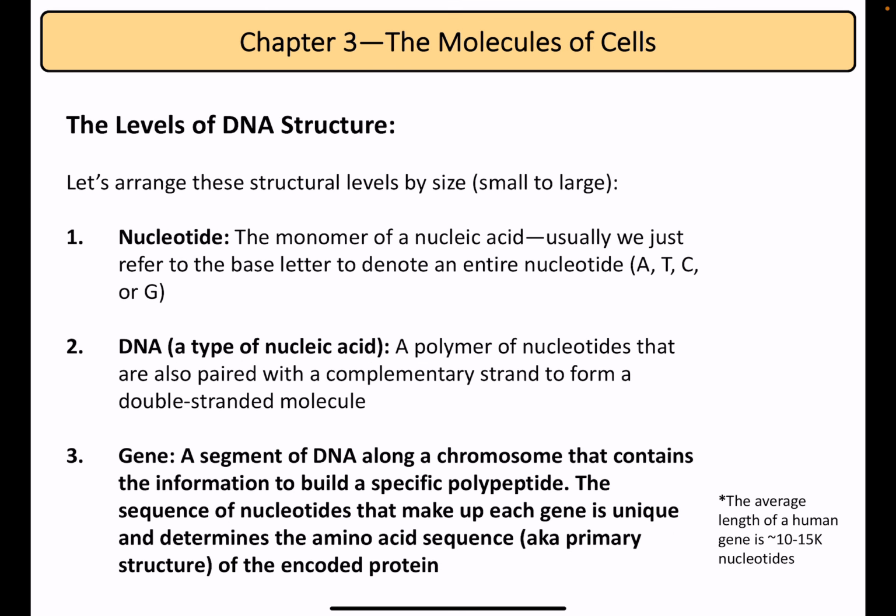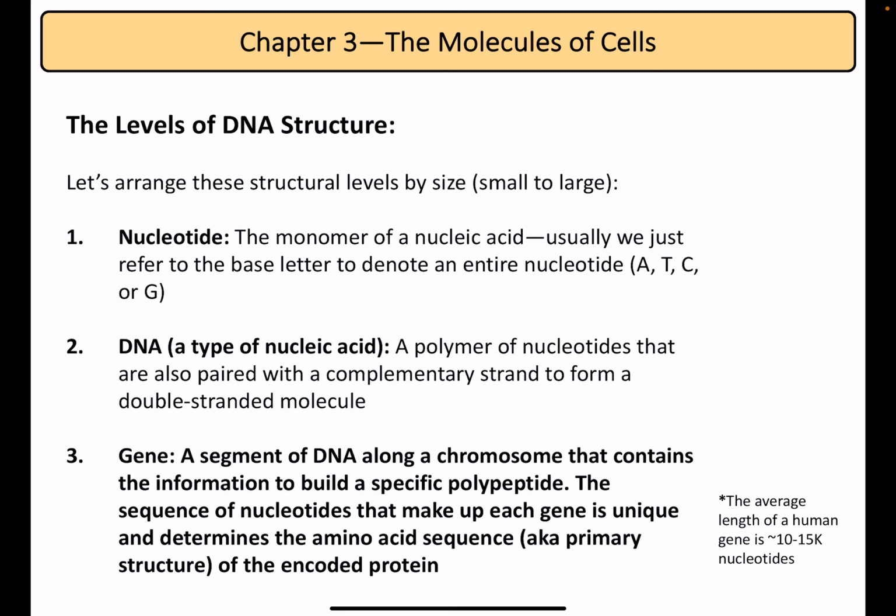Then the remaining two structures are not on my picture. We've already covered them. DNA, right, that's our polymer, a specific type. There's DNA and RNA. DNA is a polymer, and it's a long segment of nucleotides put together in a chain, and it's also double-stranded, and the two strands are complementary to one another.